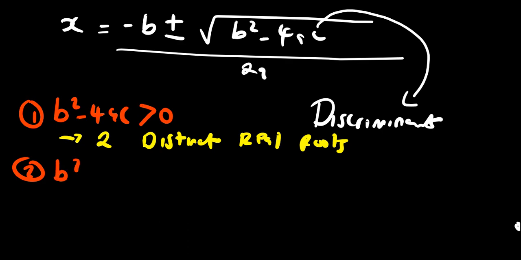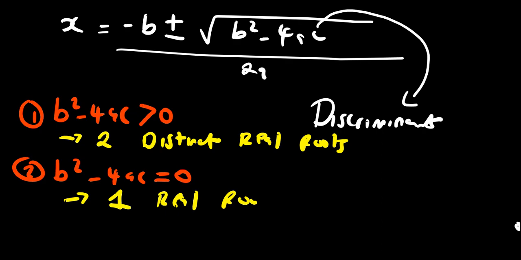Then when your discriminant b squared minus 4ac is equal to 0, in that case you're just going to have 1 real root.